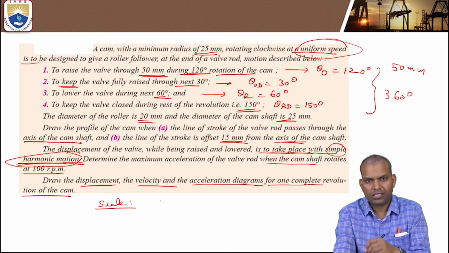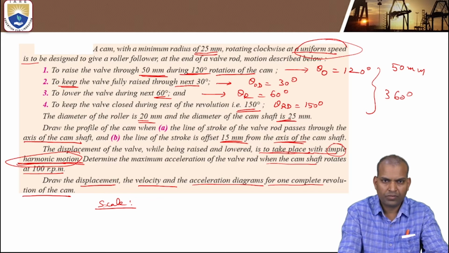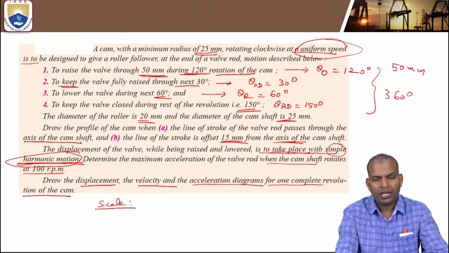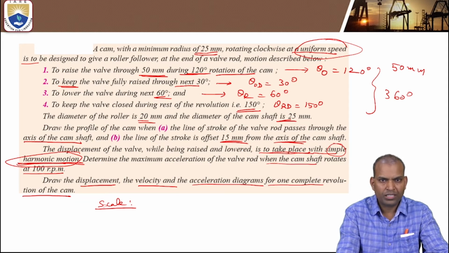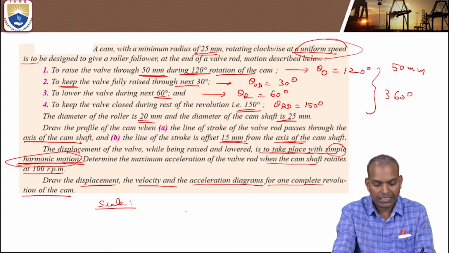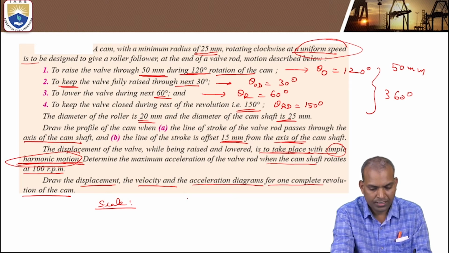On the x-axis, we take the rotation of the cam, in terms of angles. Those angles are converted into a linear scale by using a scale conversion assumption. And on the y-axis, we consider the stroke or lift of the follower, given here as 50 millimeters. Now how to consider it? Theta outstroke, that is considered first.